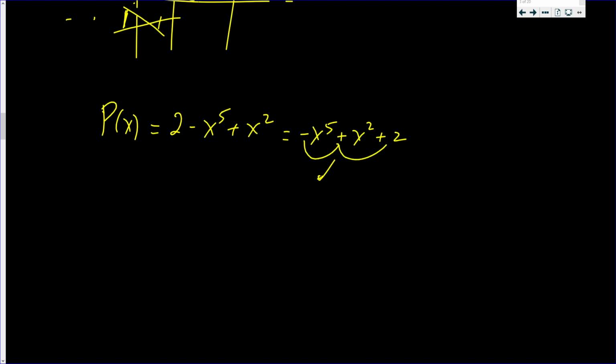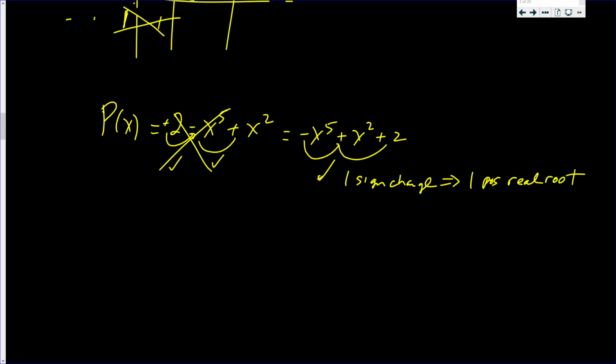Goes from positive to positive is not. Notice, if you didn't put it in order, you have a sign change and then another sign change. You have one sign change. One sign change implies one positive real root. Guaranteed.